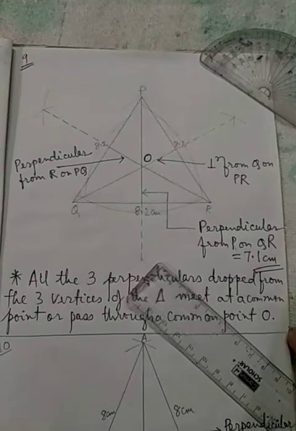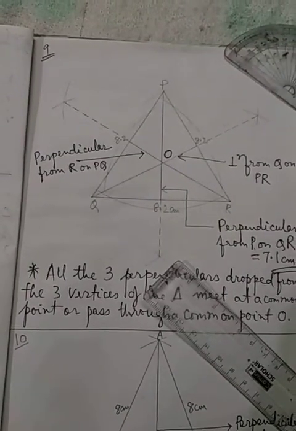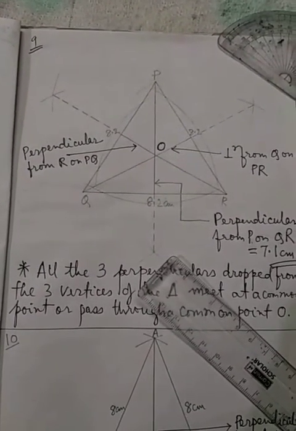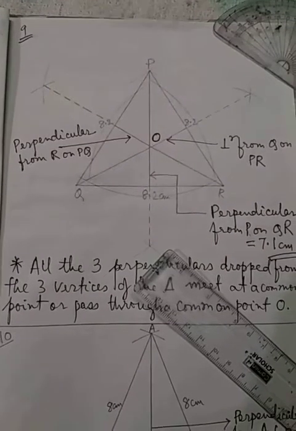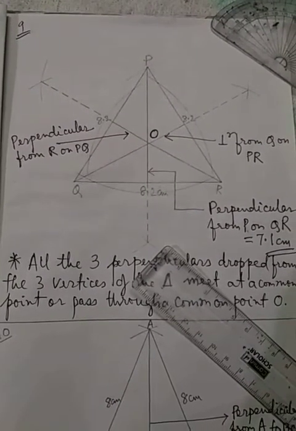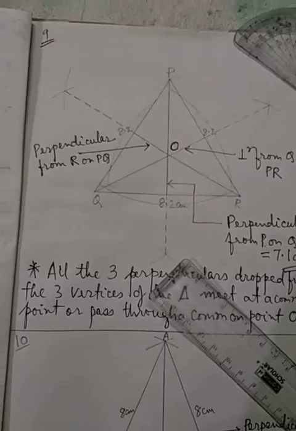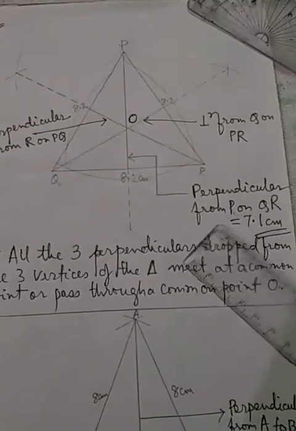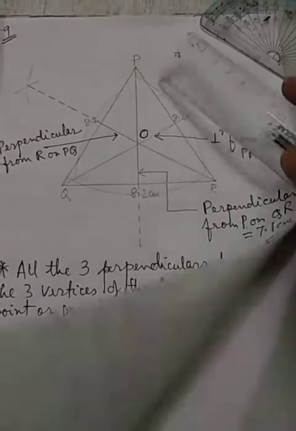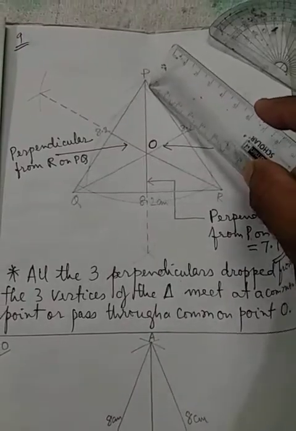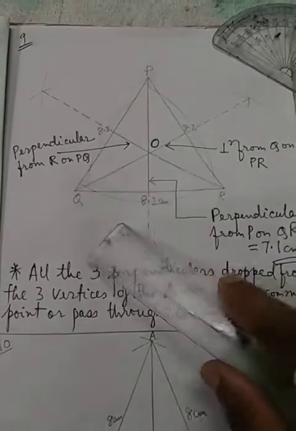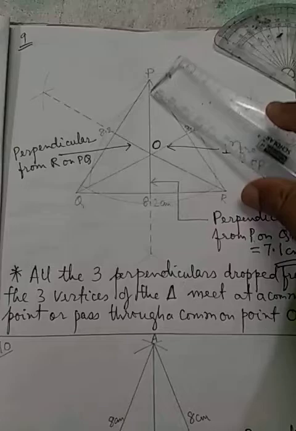In this question they have not asked you to measure the length, but in the next one, number 10, they have asked you to, so I have done it here. When it comes to measuring the length of the perpendicular, it will be from the vertex P up to this line. When you measure this length, you can give a name.